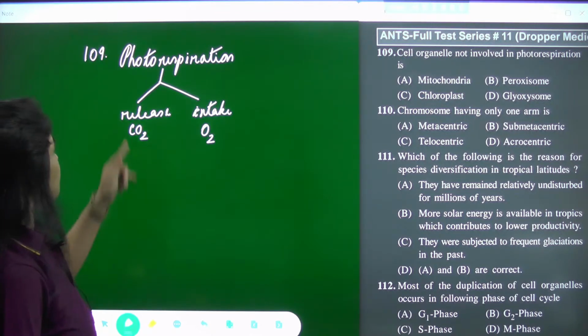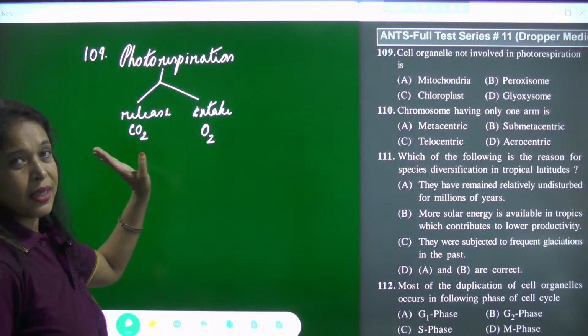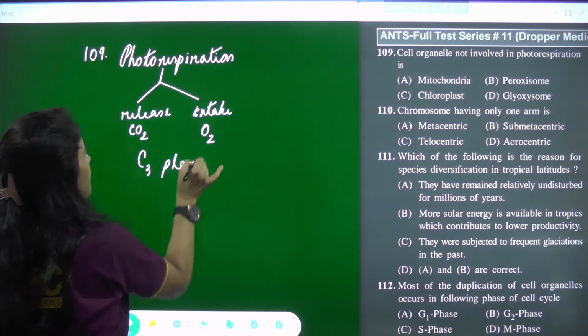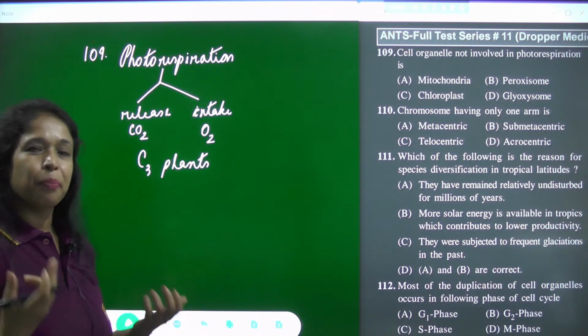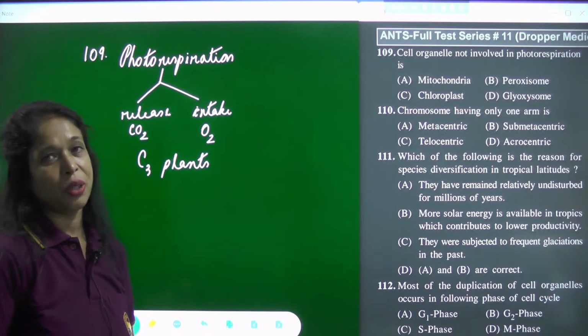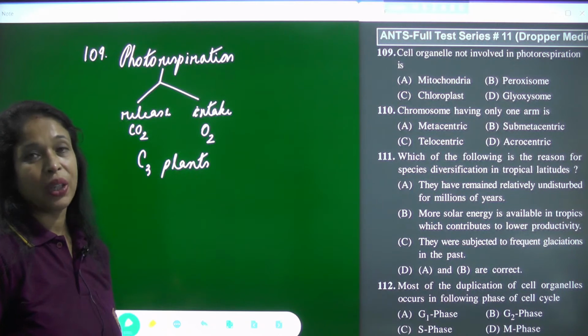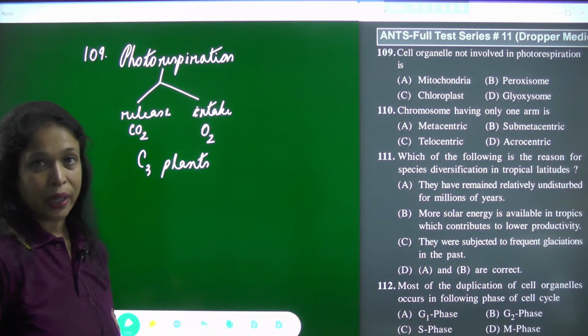So, this is a wasteful process, mostly a characteristic of C3 plants. But this is not respiration, because the process can occur only in the presence of light, and it occurs only in green cells, only in plants. So, photorespiration involves 3 cell organelles.